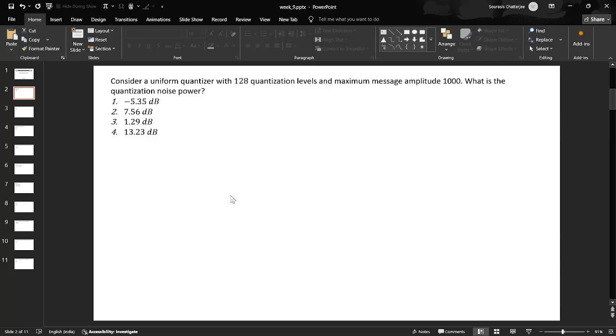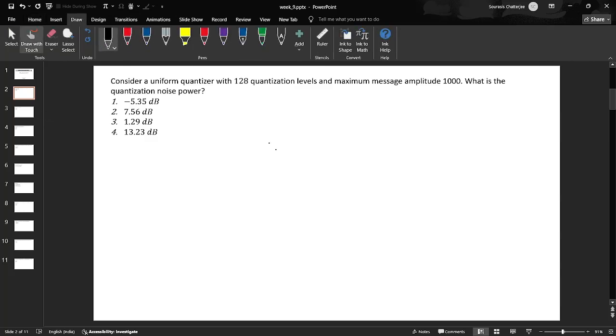All these concepts about what is a quantizer, what is a uniform quantizer, what are the quantization levels, the message amplitude and the quantization noise power I have discussed earlier, but for this week's participants maybe I will discuss in a bit more detail. I'll just refresh that part. So let me choose the pen here.